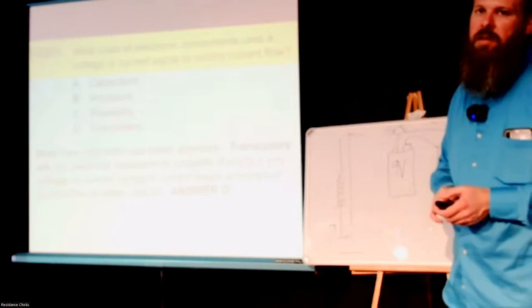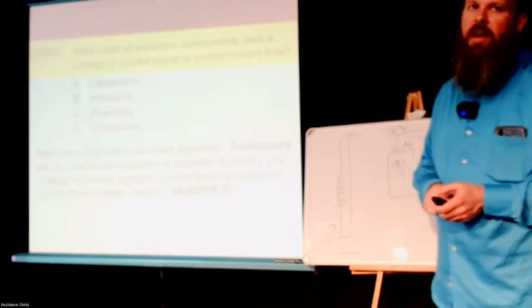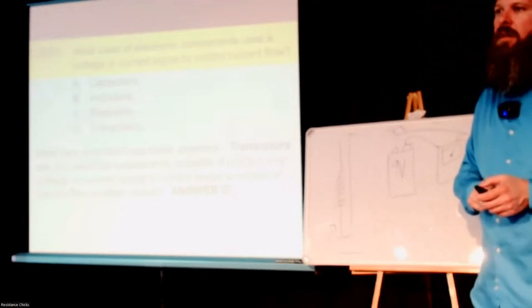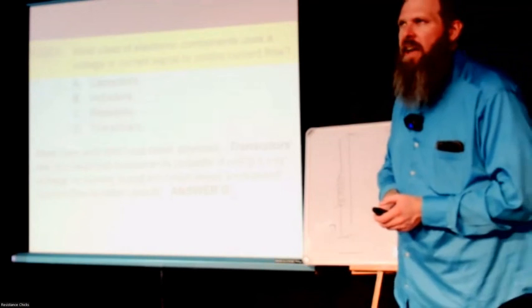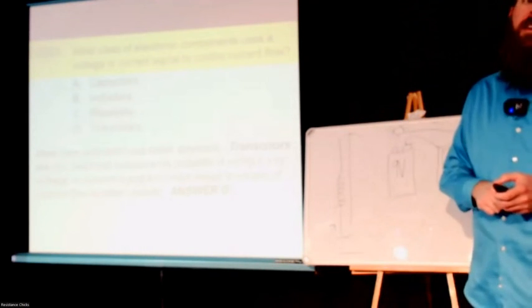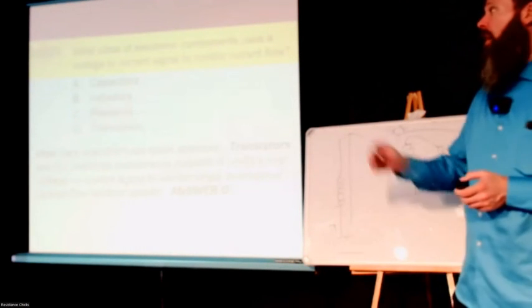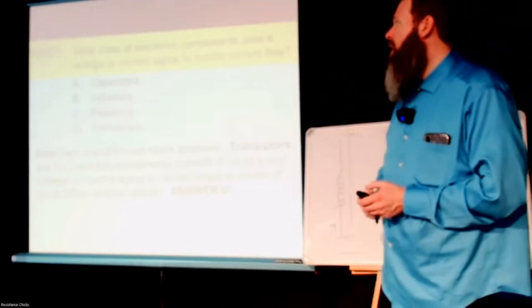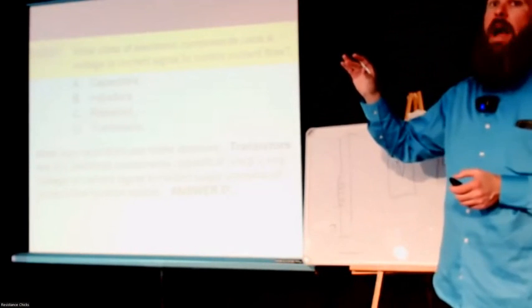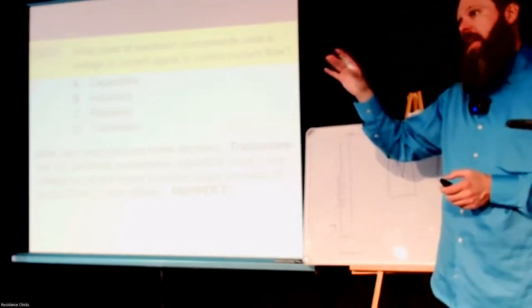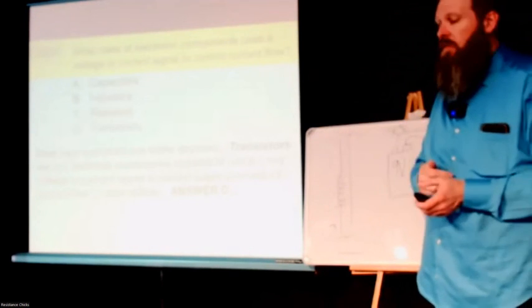It's transistors. Have you ever heard of a transistor called a semiconductor? Well, how do you semi-conduct something? Aren't you either conducting it or not conducting it? Well, a transistor is a semiconductor because you can control how much it conducts at any given time based on the input that you feed it.